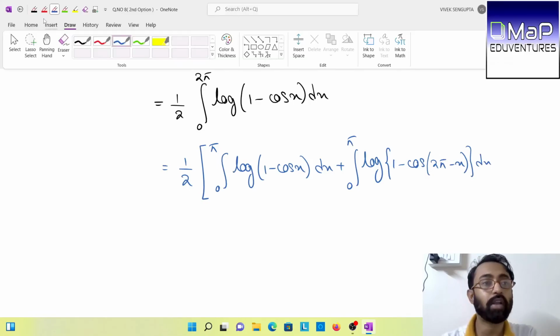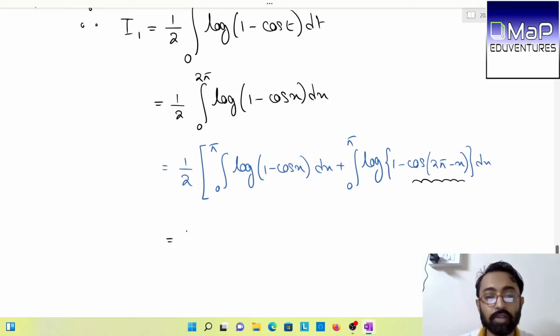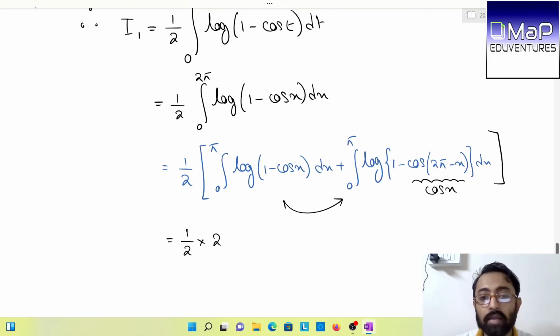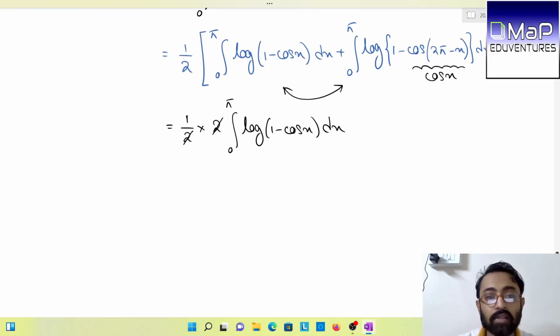Okay, so now as we see, cos twice pi minus x, being in the fourth quadrant, is positive, so you will get cos x here. That means we are going to get 2 times, you can add them because they are equal. 2 times of 0 to pi log of 1 minus cos x dx. Okay, so 2 gets cancelled out and now we can write here I.